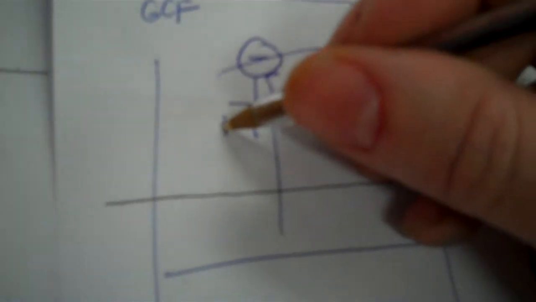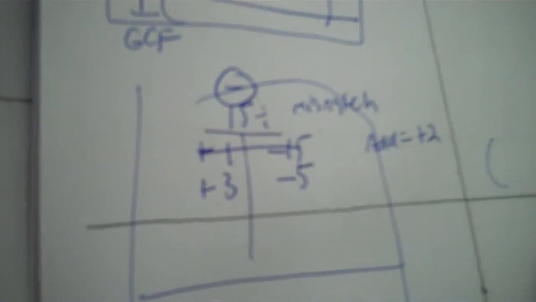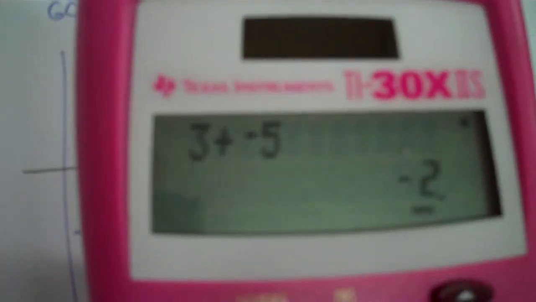15 divided by 1 is 15. That's negative 14. That's wrong. 15 divided by 2 is a decimal. 15 divided by 3 is 5. So 3 goes with 5. Add those, that's negative 2. So I got the right pair, it's just got the wrong sign. So I make the 5 plus and the 3 negative. So negative 3, positive 5, and a is 1x to the second up there.